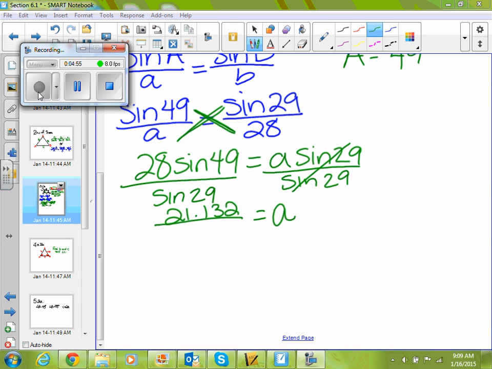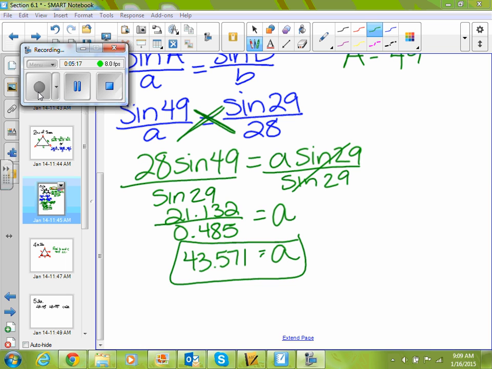Sine of 29 degrees gives me approximately 0.485. And 21.132 divided by 0.485 gives you approximately 43.571. So side A is 43.571.